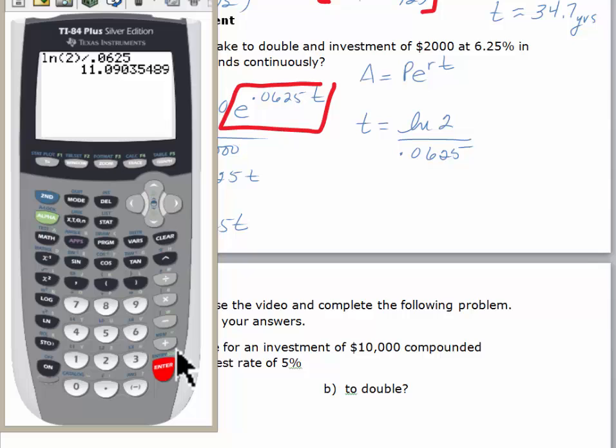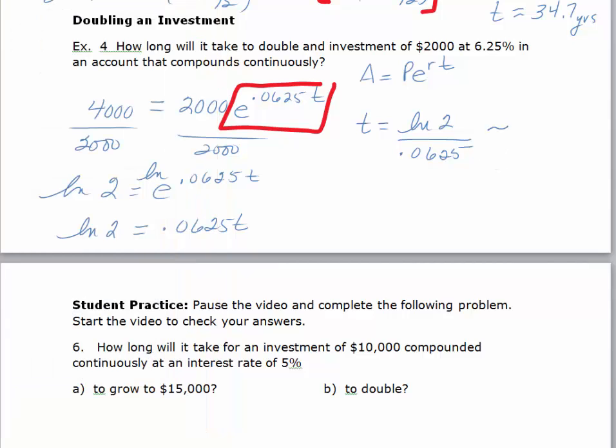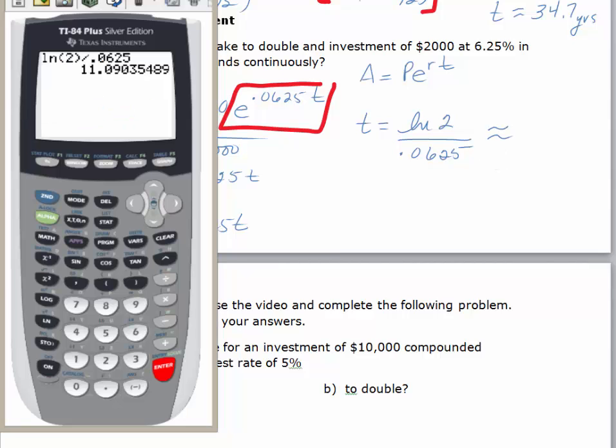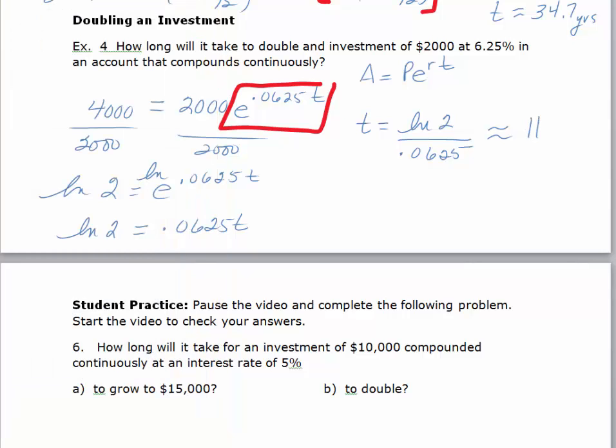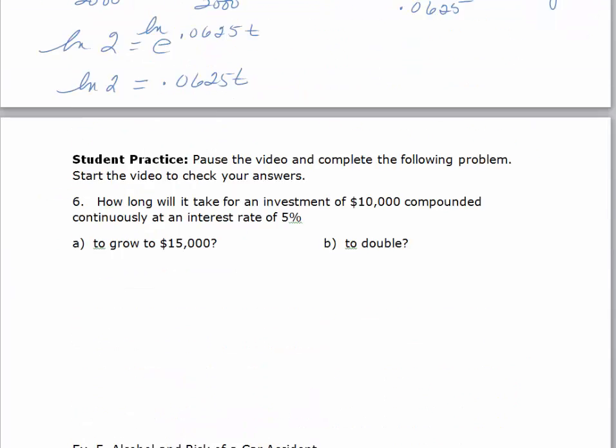Hit enter. It's approximately equal to 11 years. So in this case, I guess the question from here would be, does it matter how much money I invest? How long is it going to take to double that money?